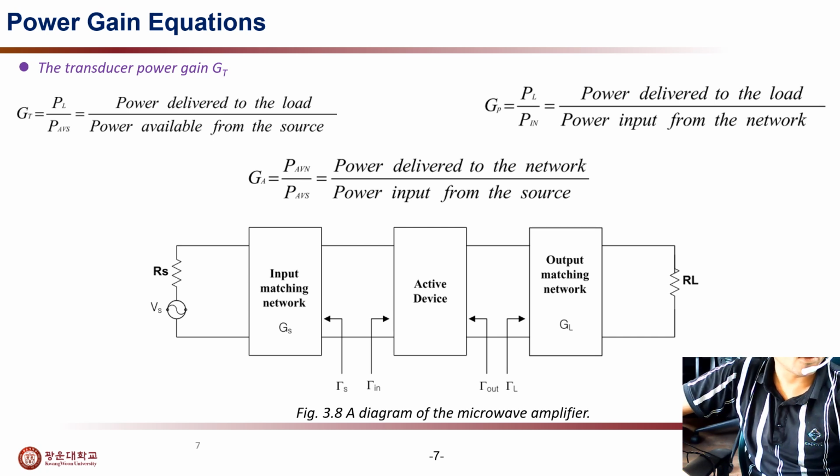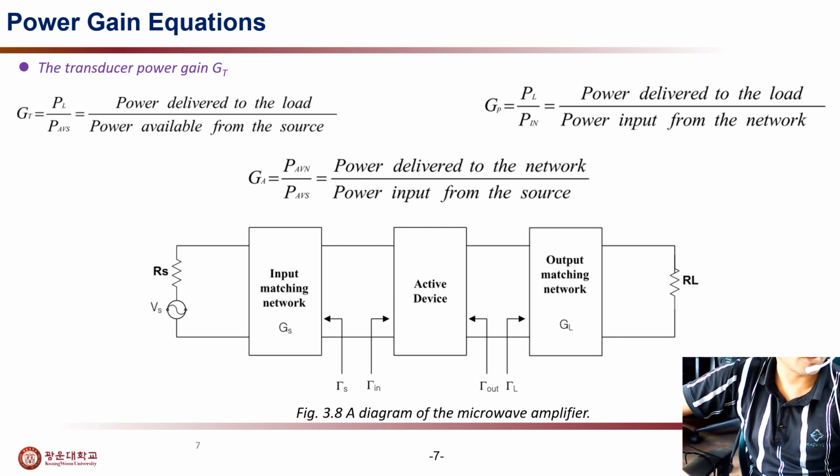Now I want to discuss the power gain equations. The power gain equations are very important for HBT configuration or any bipolar junction transistor configuration. The transducer power gain is denoted by GT, and GT equals the power delivered to the load divided by the power available from the source.